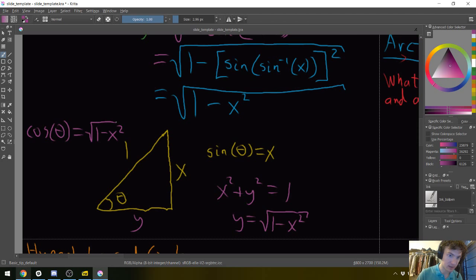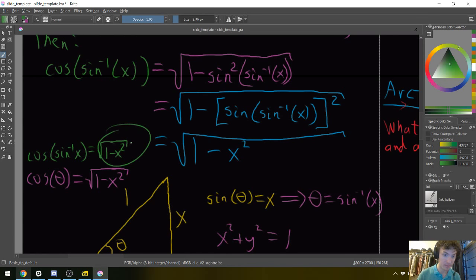And lo and behold, that's exactly the same expression we got by doing this thing with the trig substitution, right? This whole procedure we did up here, using Pythagoras, told us that cosine of sine inverse of x is square root of 1 minus x squared.